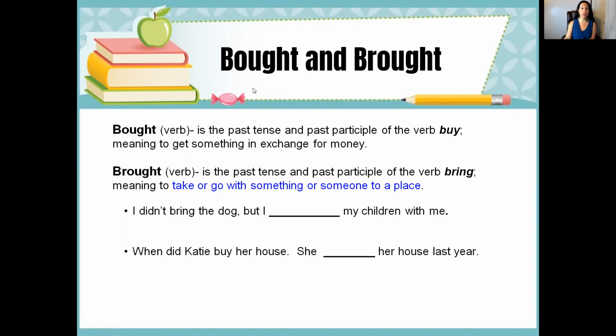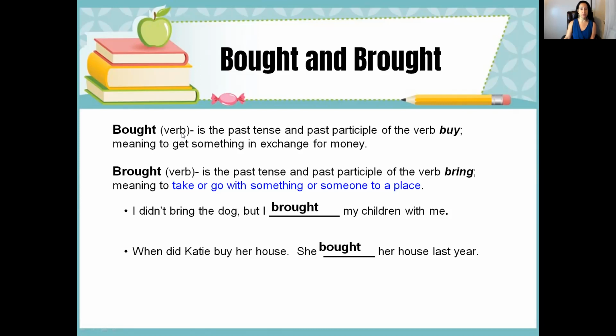So we know when we hear it, bought and brought, but when we write it down, we have to remember to add the R. Brought and bought. Did you get that one? So she bought her house and I brought my children. So remember, bring, brought. Okay, it's past tense.